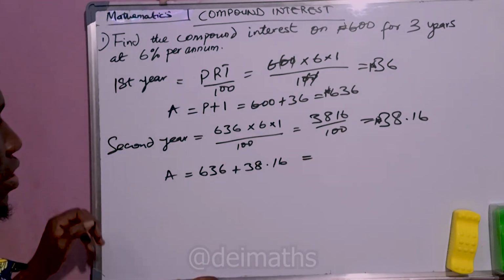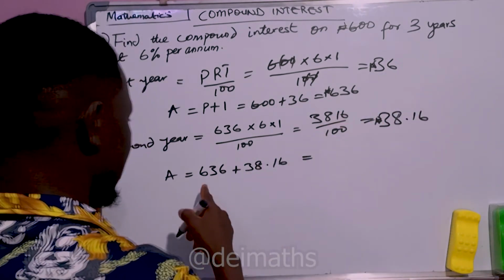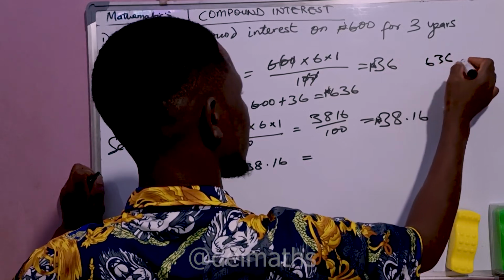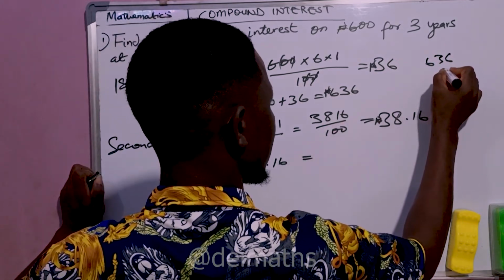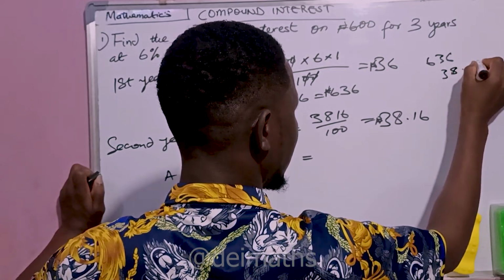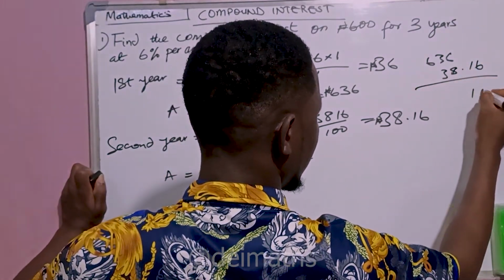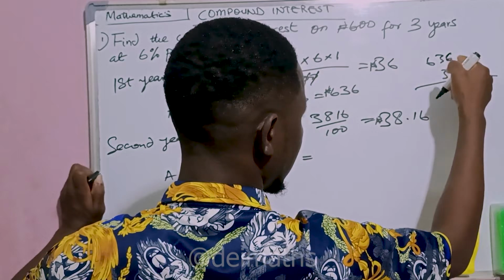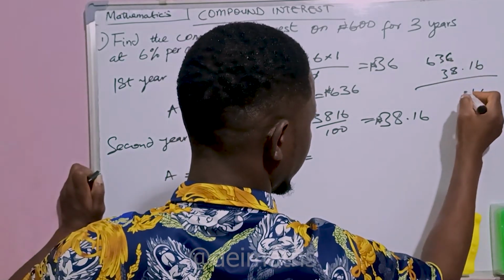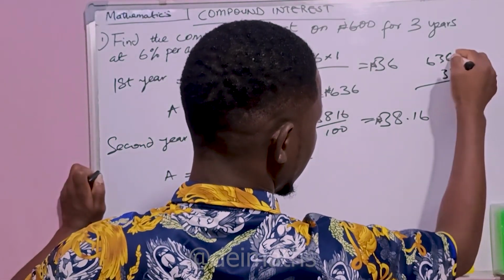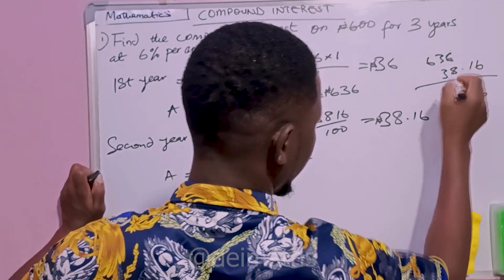Let's calculate it here. 636 plus 38.16. 16 comes down. 6 plus 8 is 14, put 4, carry 1.